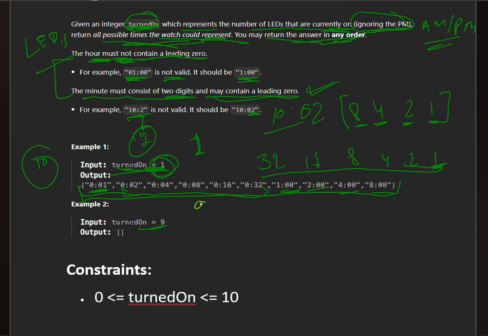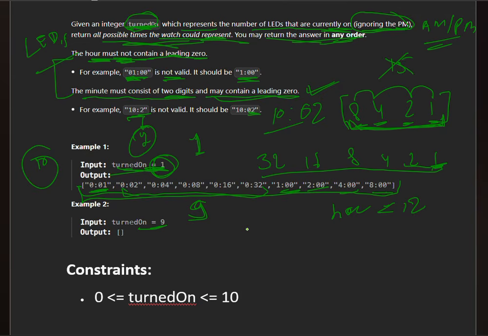Next is turnedOn equal to 9. So we have to leave one bit off. Is it possible to turn on these 4 hour bits at a time? Our hour should be less than 12. But if we turn on all these 4 bits, then 8 plus 4 is 12, 12 plus 2 is 14, and 1, we get 15. So we can't turn on all these 4 bits.